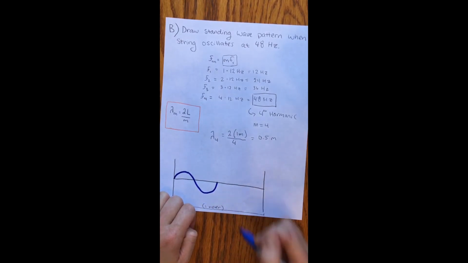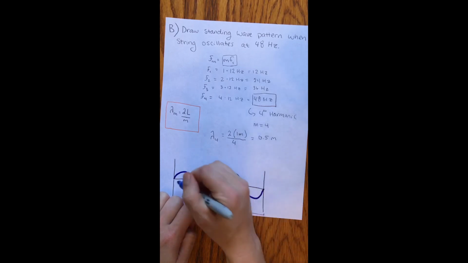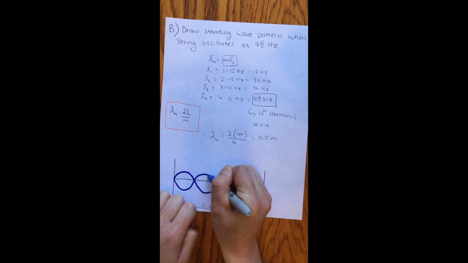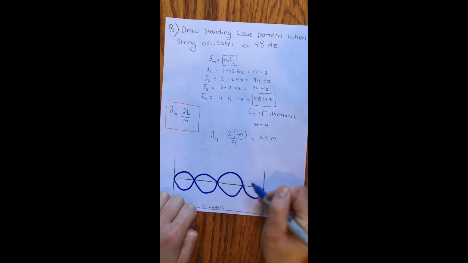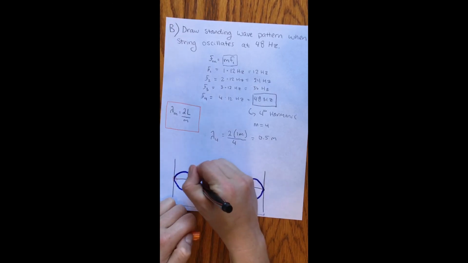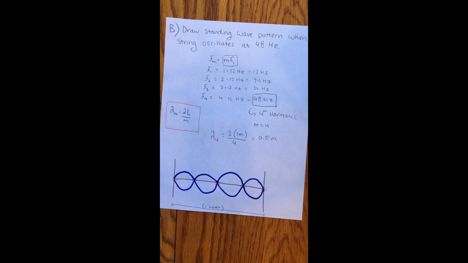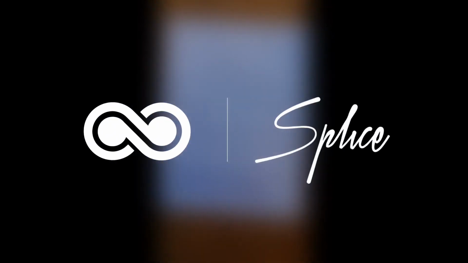So that is 1 wavelength, 2 wavelengths, now there's a node here, here, here, here, and here, and you're finding your antinodes in between. And that's it. I hope this helped.